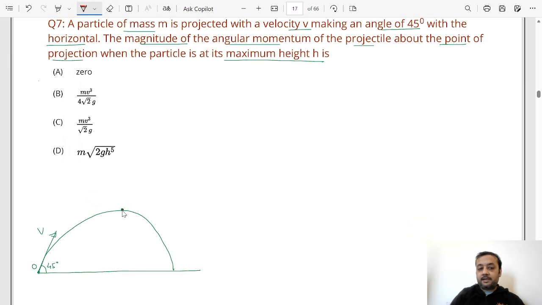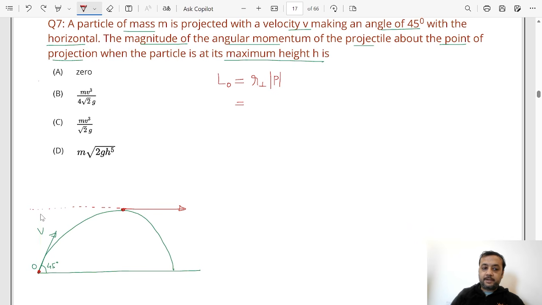Remember that when the particle is at its top point, then its velocity would have become horizontal. And how do you write the angular momentum about the point O? So angular momentum about the point O will be, you have to multiply the r perpendicular with the magnitude of linear momentum. Now what is r perpendicular? So this is the momentum vector, as you can see. So drop the perpendicular from point O on the momentum vector, like this.